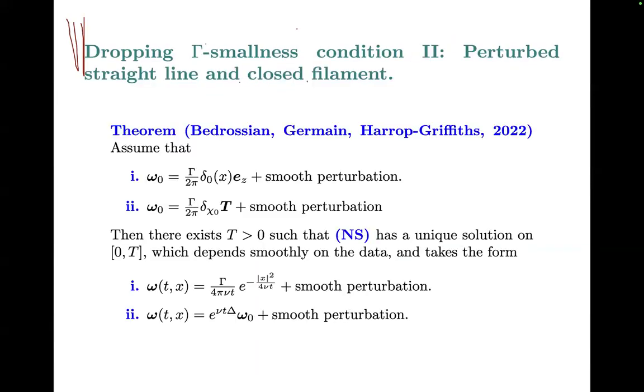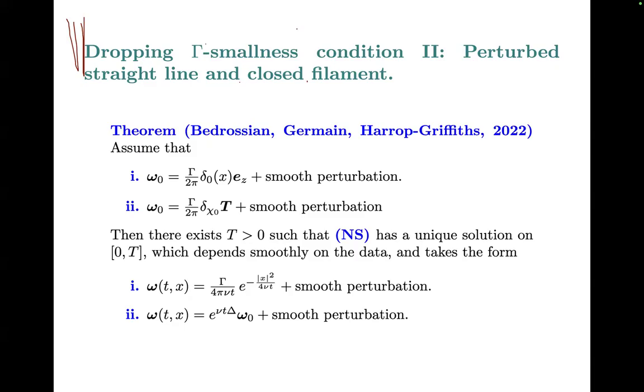And then the other result is the one I was mentioning by Bedrossian, Germain, and Harrop-Griffiths, which gives two different types of results. They avoid the smallness of gamma, but in two situations. First, imagine that you start with the case of the straight line, right? e_z is nothing but the vector (0, 0, 1). So your vortex is just the straight line.